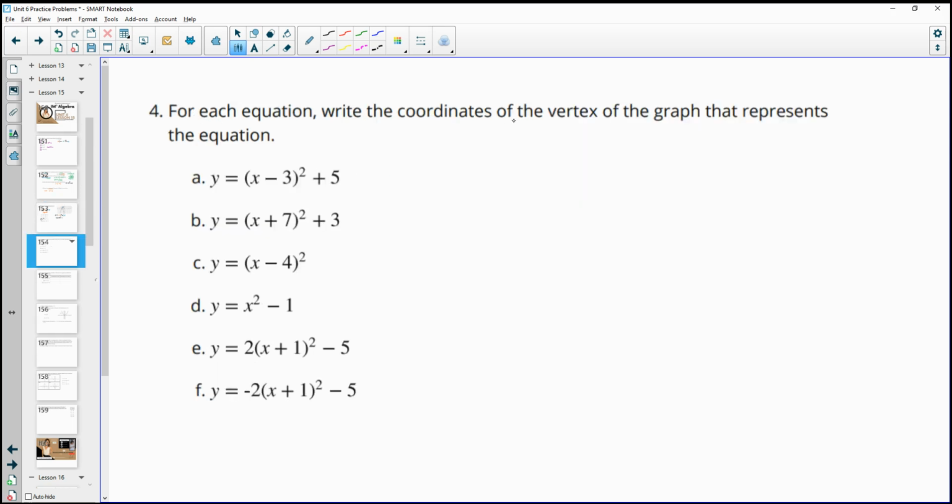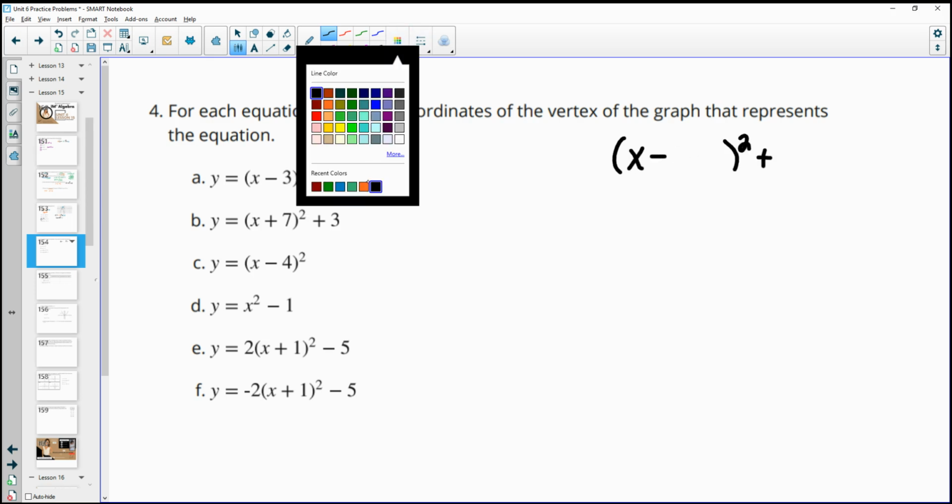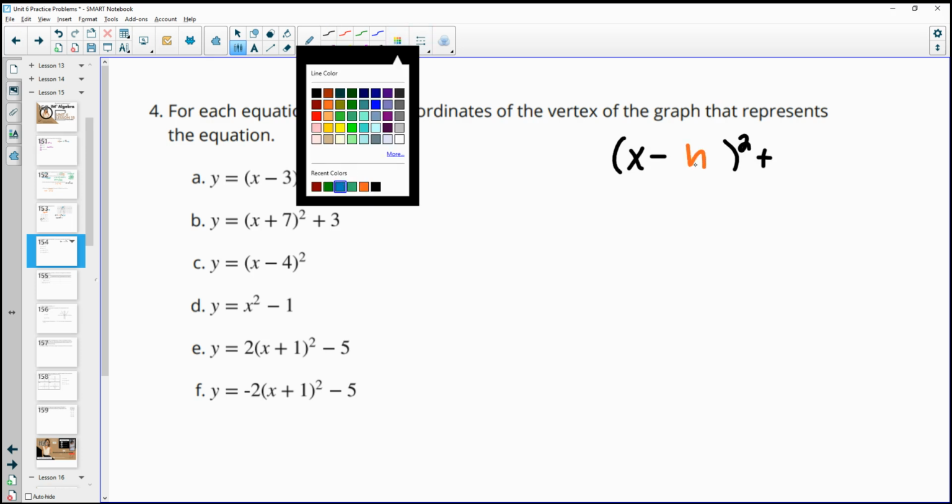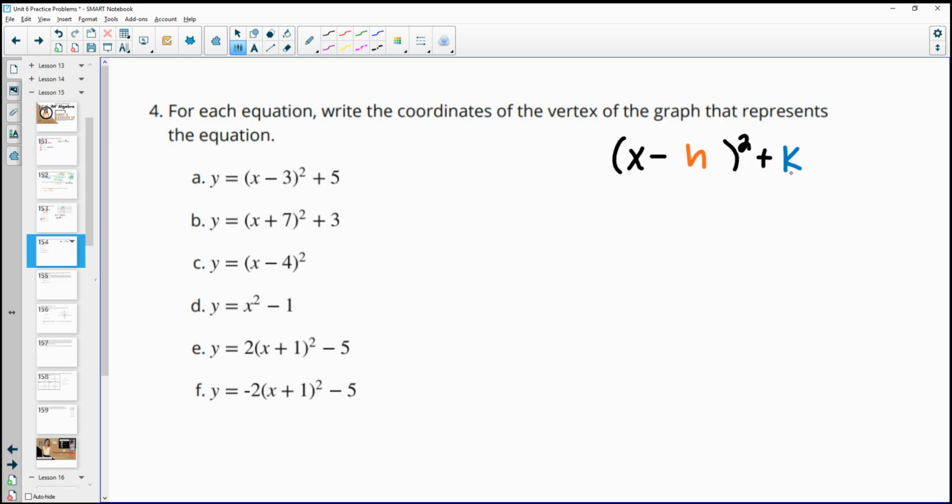Number 4, for each equation, write the coordinates of the vertex of the graph that represents the equation. Okay, so again, you're looking for the opposite of your x coordinate and the same thing that's out there as your y coordinate.